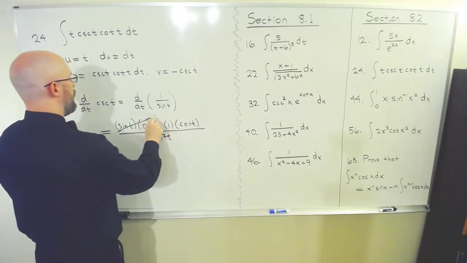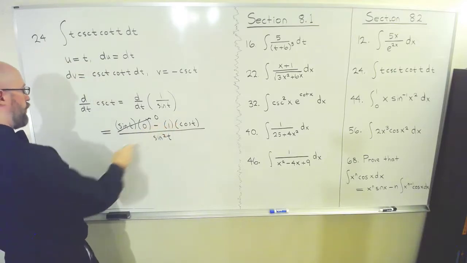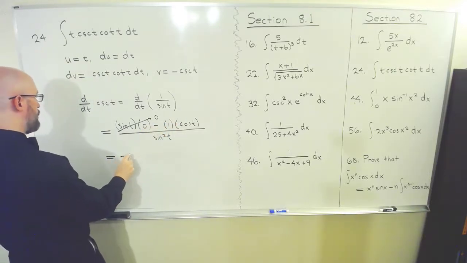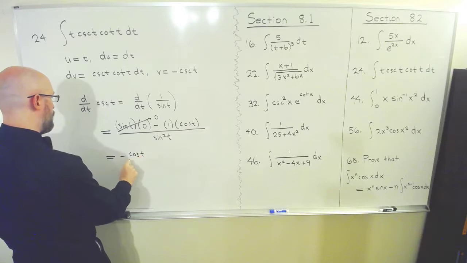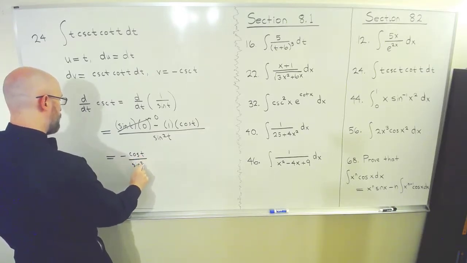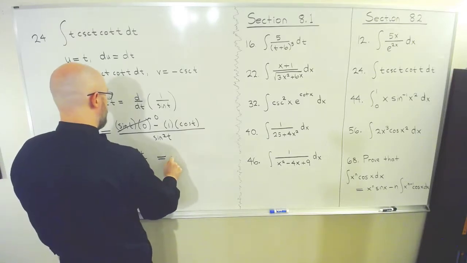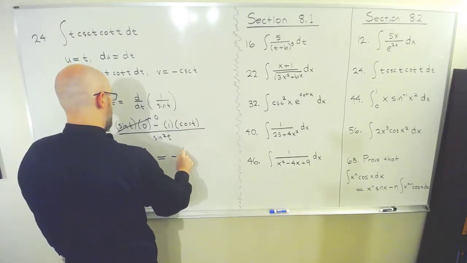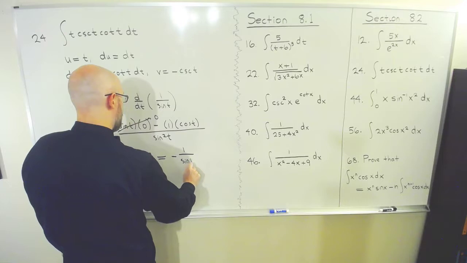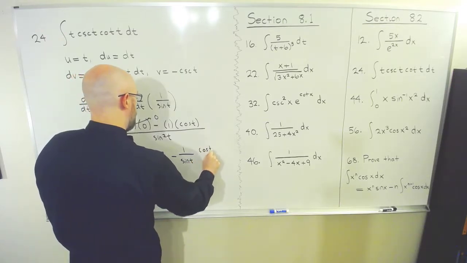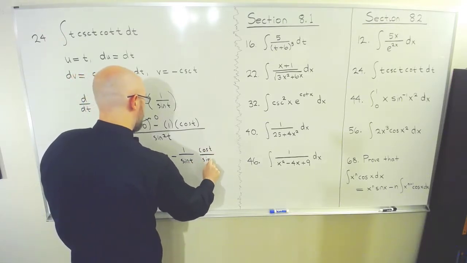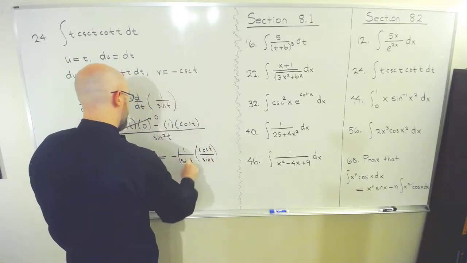This part goes away, that's just 0. The minus 1 folds into that, so this just gives me minus cosine t over sine squared t. And then I can break this into equals minus 1 over sine t times cosine t over sine t.